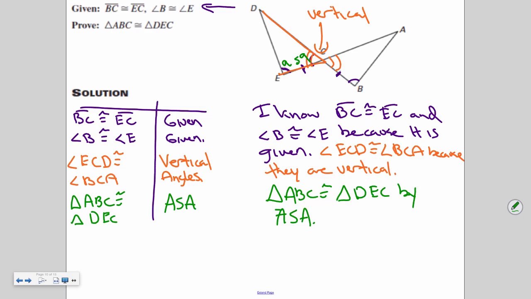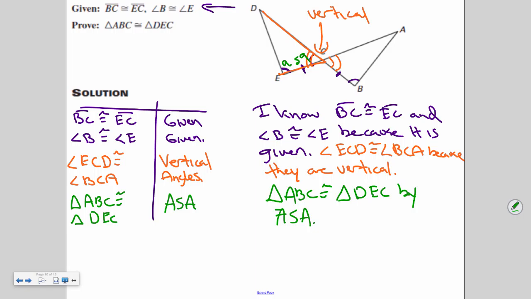Remember, you always have to start off with your given, and then you actually have to explain why you can mark the picture. Now you're not just marking the picture, you have to explain why you are. That's the only difference between what we've been doing in the previous module and what we are doing now.